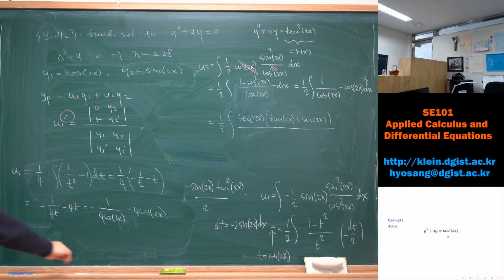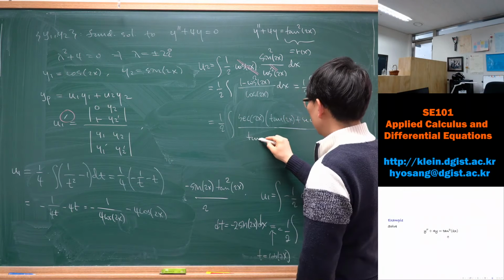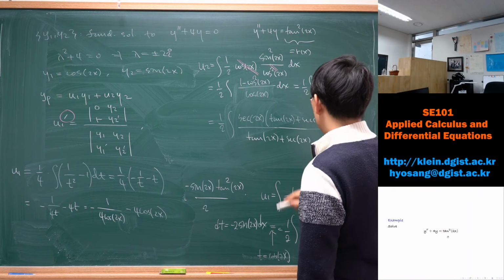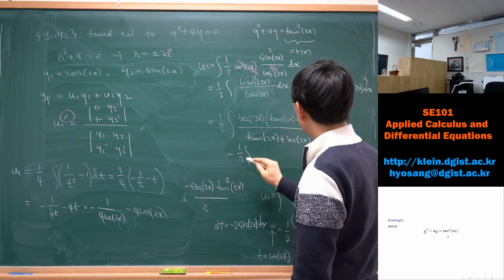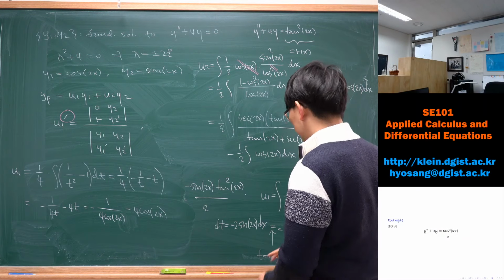Okay. So tangent 2x plus secant 2x dx minus 1 over 2 cosine 2x dx.